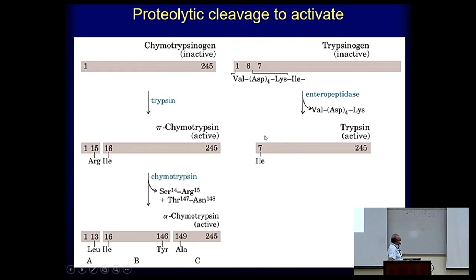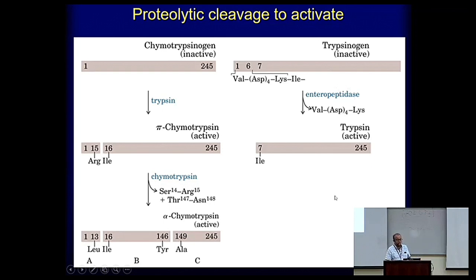Here, you see you remove 6 amino acids. You truncate 6 amino acids from the amino terminus. Again, every polypeptide is going to have an amino terminus and a carboxy terminus. So you remove 6 from the amino terminus. The enzyme is converted from trypsinogen, inactive, to trypsin.